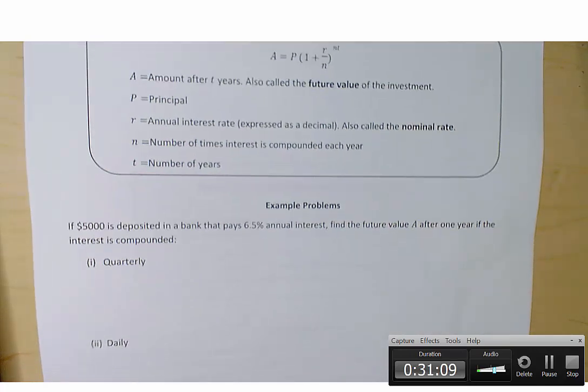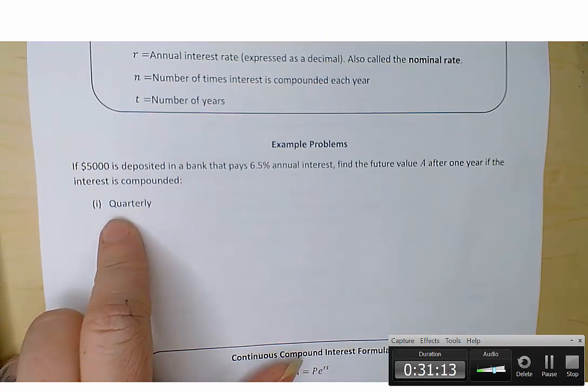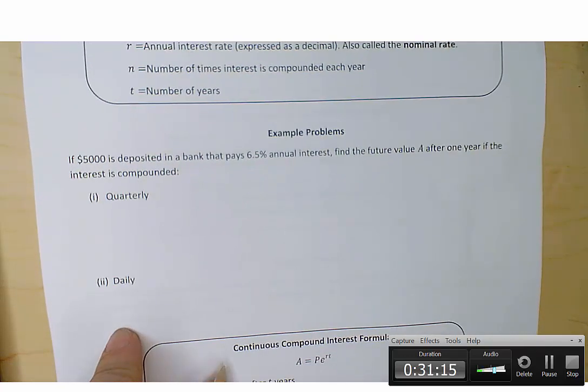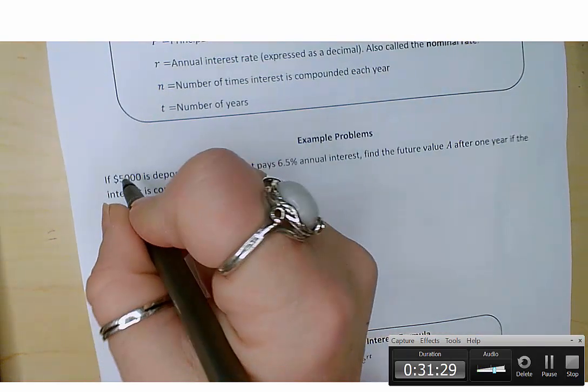So let's go ahead and jump into this problem here. We're going to calculate it twice. The first time if it's compounded quarterly, second time if it's compounded daily. So this one reads that if we have $5,000 deposited into a bank account that pays 6.5% annual interest, find the future value after 1 year if the interest is compounded quarterly.